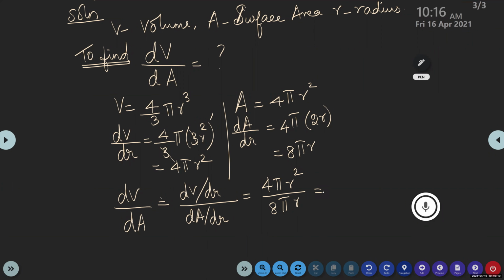r by 2r, so it is r by 2. Is it correct? How will you get r? Aparna, is it r by 2? Ma'am, 4 pi will get cancelled, and only one r remains, so it is r by 2.